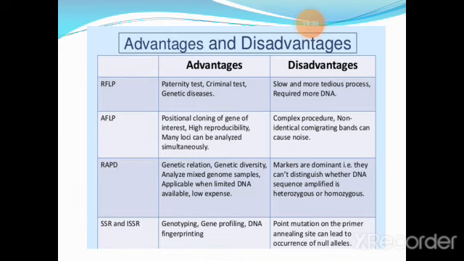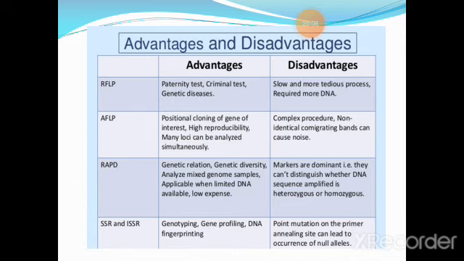On the other hand, AFLP has advantages: positional cloning of gene of interest, high reproducibility, and many loci can be analyzed simultaneously. Disadvantages: complex procedure, and non-identical comigrating bands can cause noise.